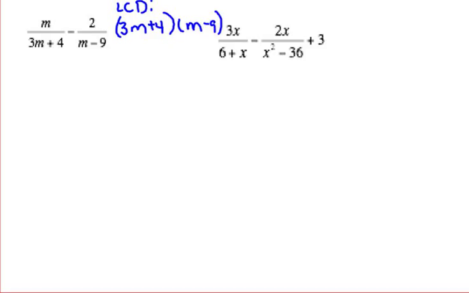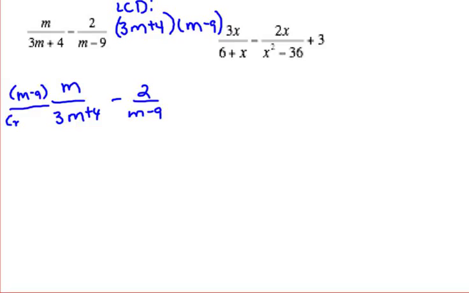Okay, so now I look at my first term. Let me rewrite this so I have some space to work. M over 3m plus 4 minus 2 over m minus 9. I look again at my first one. What's missing from my denominator is the m minus 9. So that's what I'll multiply both my numerator and denominator by, because remember what I'm doing here is building my fractions so that they both have the common denominator.